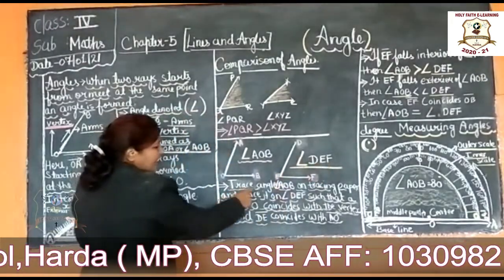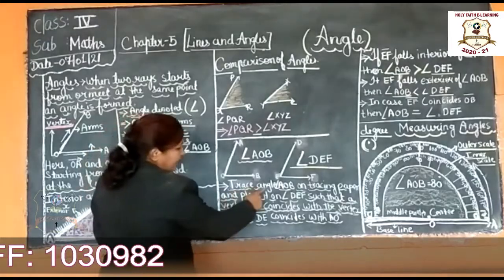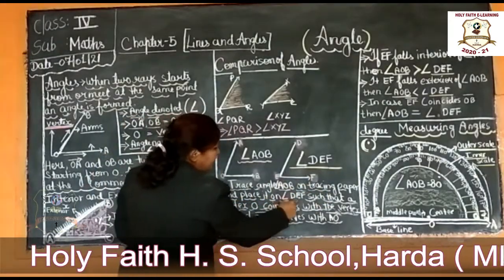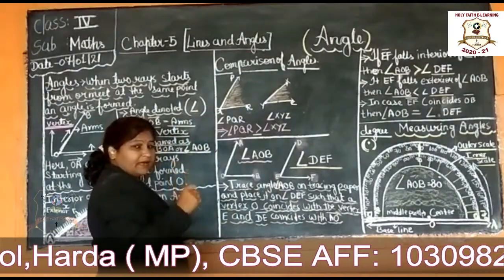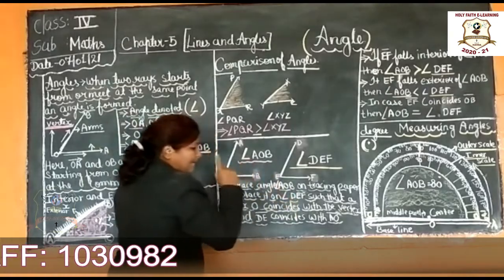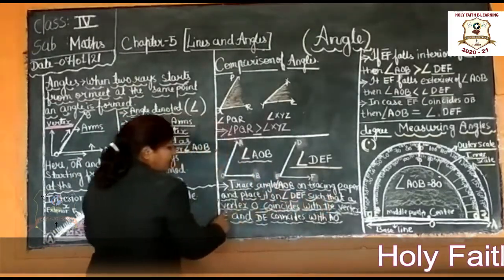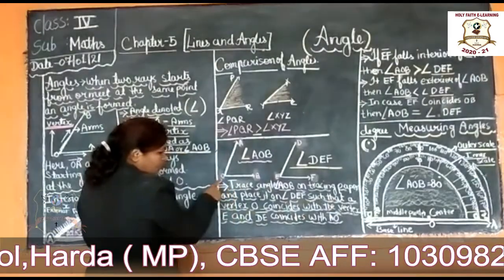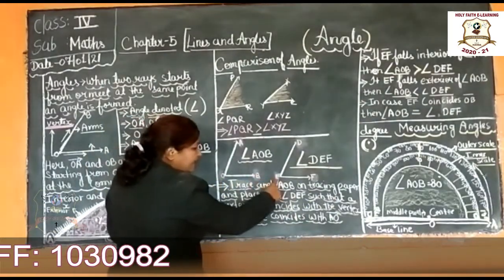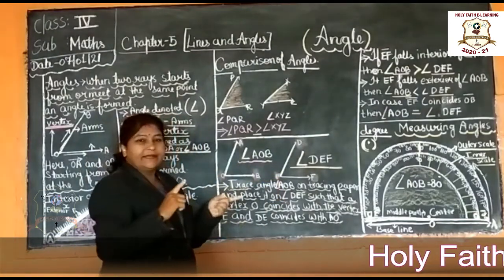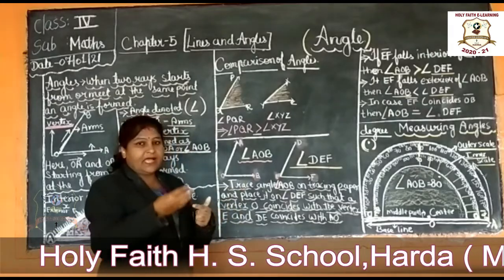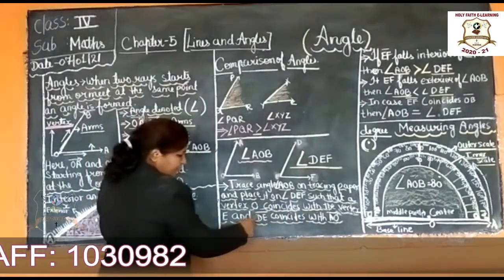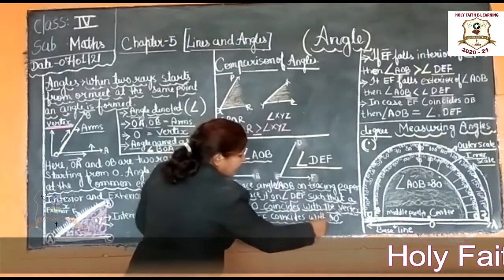Trace angle AOB on tracing paper and place it on angle DEF such that vertex O coincides with vertex E, and ray OA coincides with ray ED. Coincide means similar, the same.